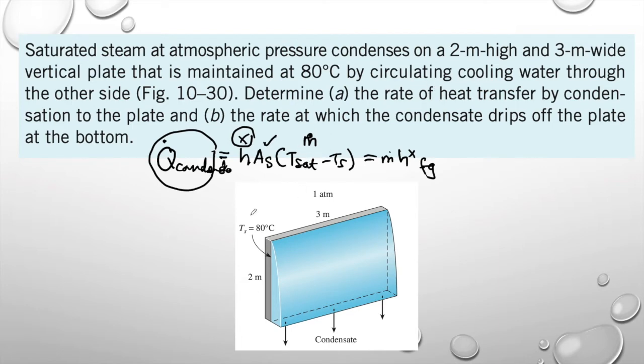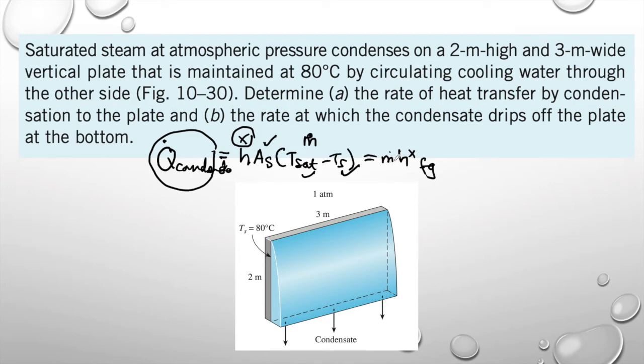The dimensions of this flat plate or vertical wall plate. T saturation, we already know the value. What about Ts? We know the surface temperature is at 80 degrees Celsius. Now we do not know what h is.